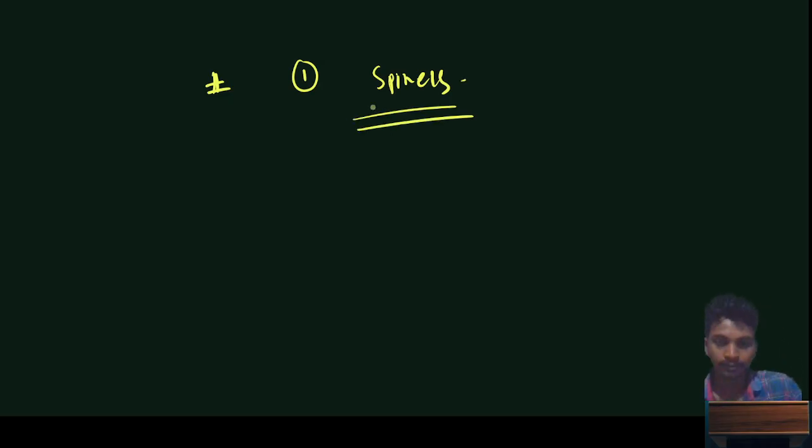Now let's see what we mean by spinels and how CFSE helps in distinguishing them. Spinels are one type of crystal lattice in solid state chemistry, and they always have weak field ligands.